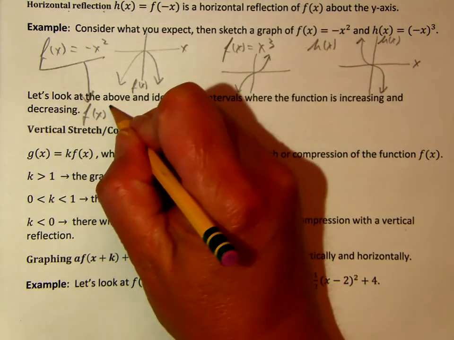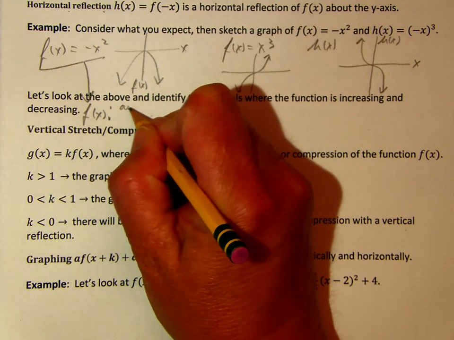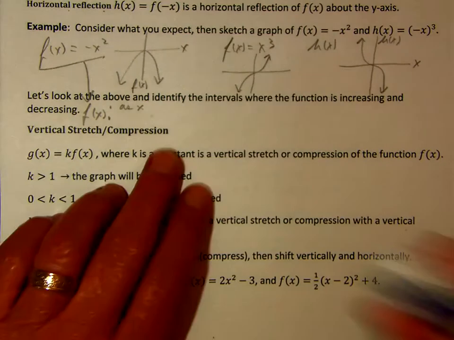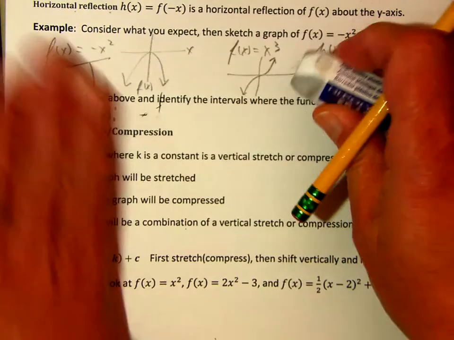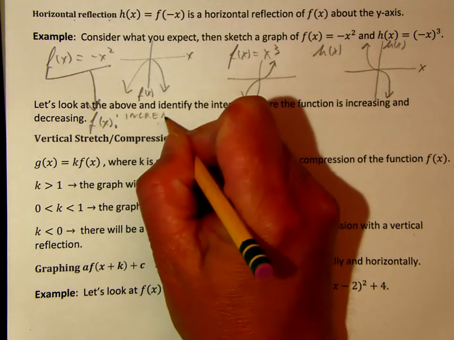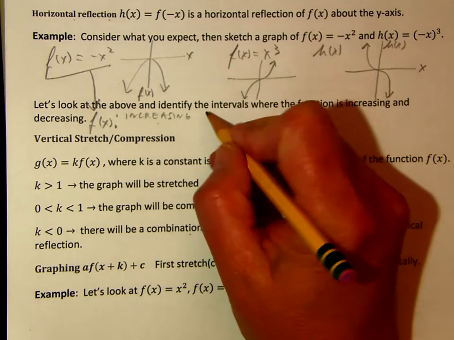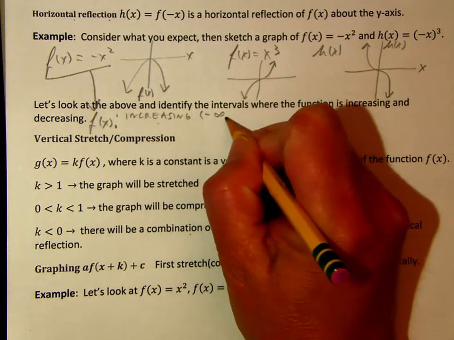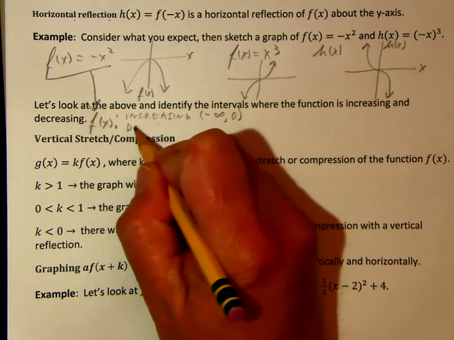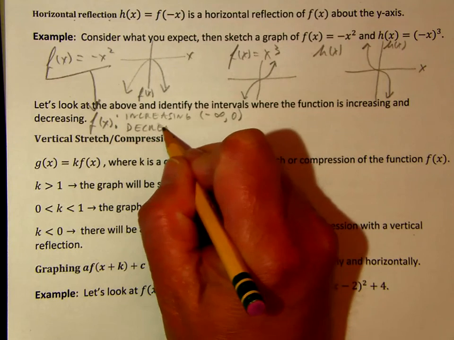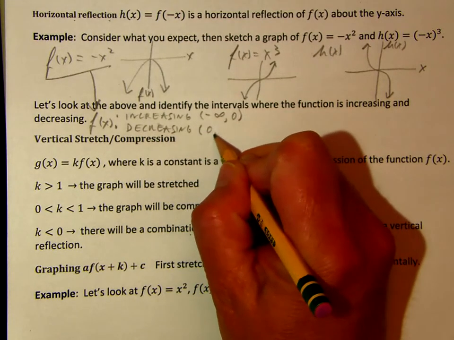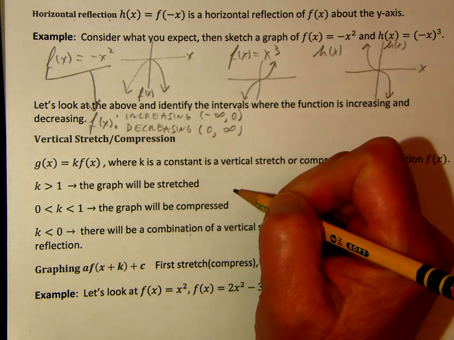So for f of x, we're going to use interval notation. F of x is increasing on the interval from negative infinity to 0, not including 0, and it is decreasing on the interval from 0 to infinity, not including 0.